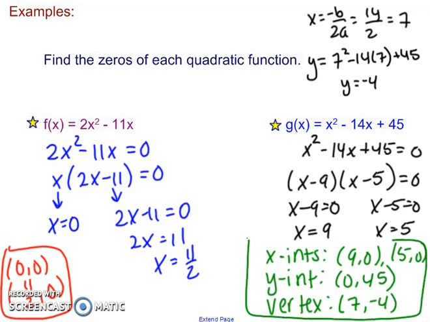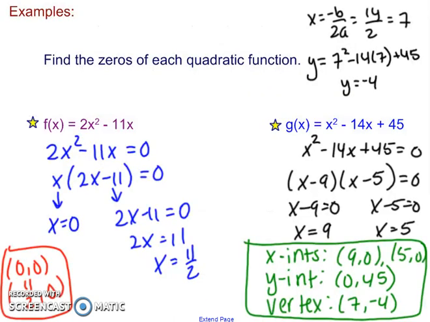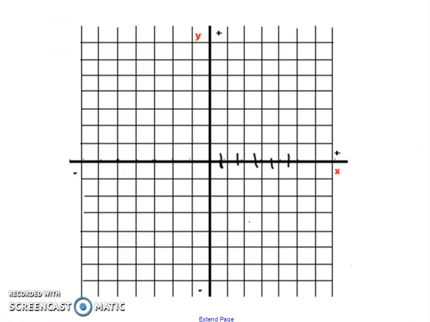Before when we graphed, we were able to have the vertex, have the y-intercept, and then use symmetry to find the third point. But now we can find the x-intercepts, and now our graph will be more accurate. So let's look at this. If I go to graph, my vertex is (7, negative 4), so about here. My x-intercepts are at (5, 0) and at (9, 0).